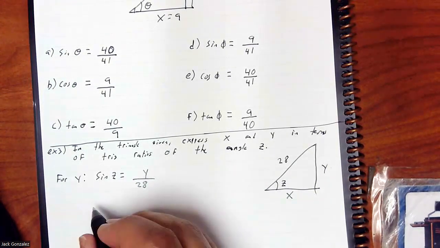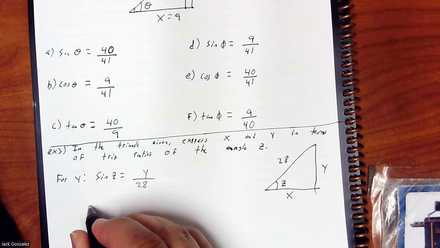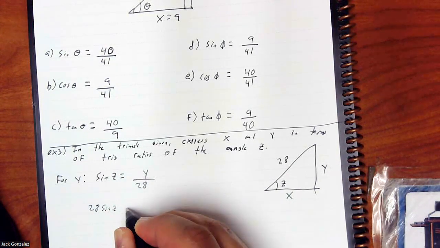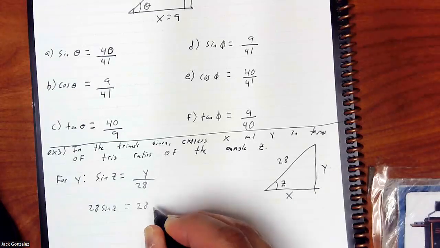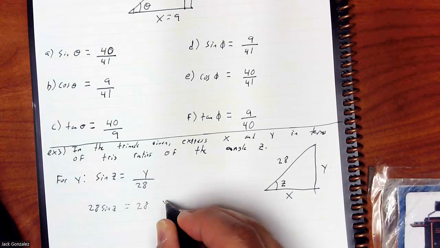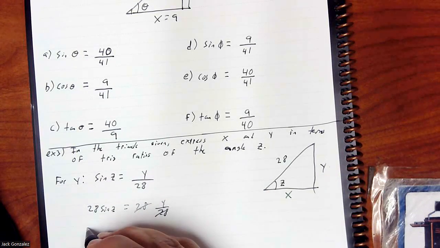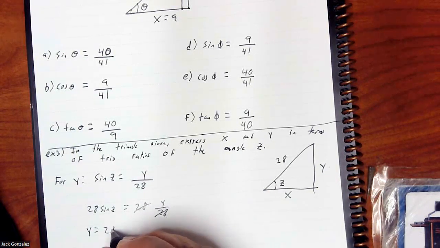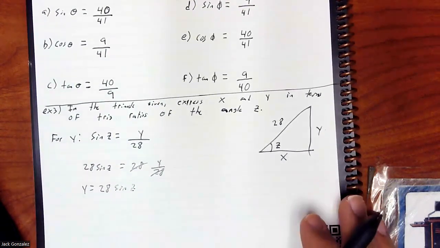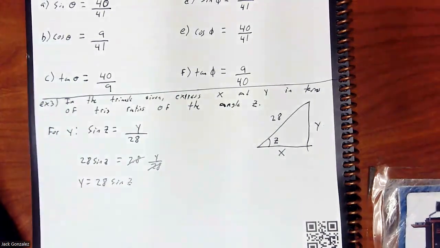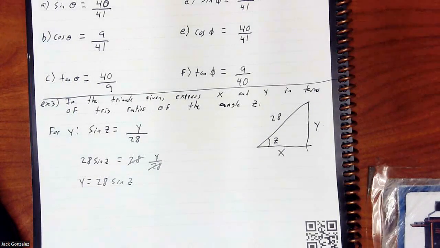So multiply both sides by 28. Gives us y. That means y is equal to 28 sine of z. That's all they want. So I represented y using trig functions.